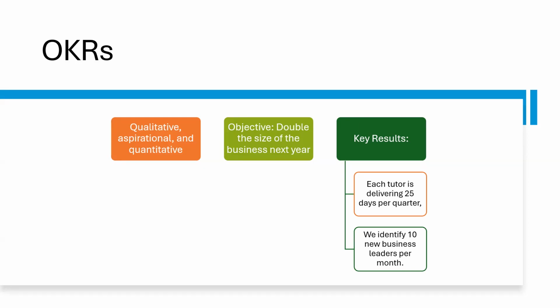It's a bit more change orientated than that, and it blends the qualitative objective, that kind of big audacious goal, with hard metrics, a bit more short term, that will be indicators as to whether we are on the right path. So if at the end of Q1 we find that we're not hitting those metrics, then we might need to look at making some changes or working differently, because that will show that we're not on track. It's not where we need to be in order to achieve our big objective.